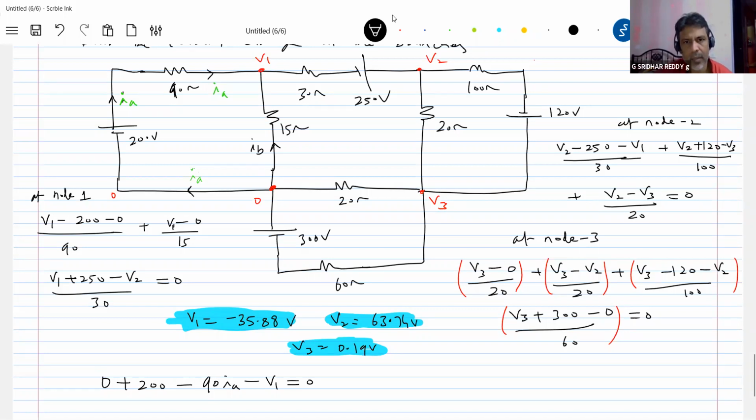Let this be IB. Let this be the current in various branches. Now you can ask on what basis you are assuming the current. It is arbitrary. If I get a negative current, I'll change the direction.